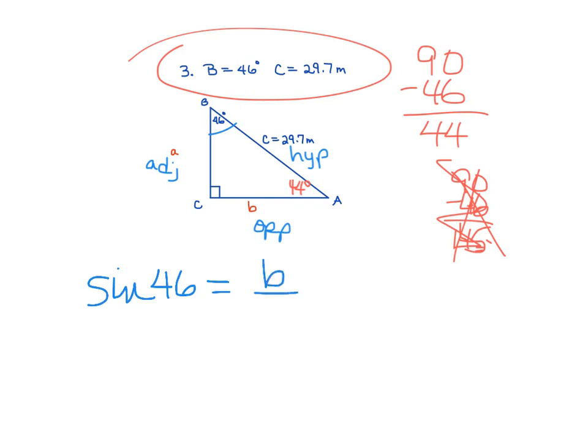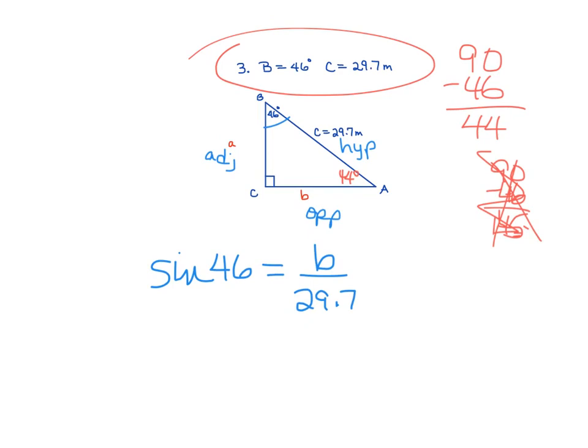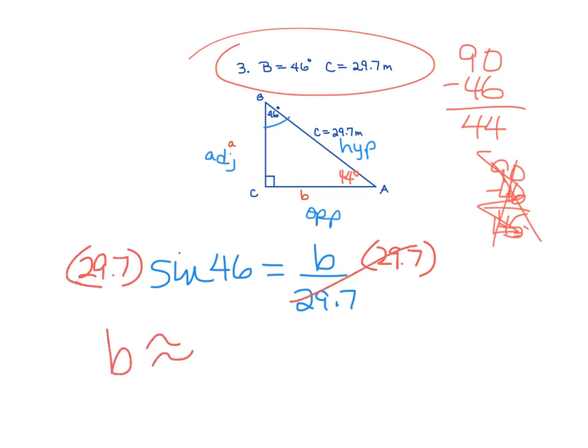My opposite is b. My hypotenuse is 29.7. Now I'll multiply both sides by 29.7 to get what lowercase b is. So b is approximately equal to 21.4 meters.